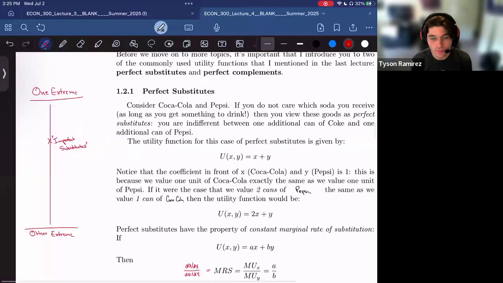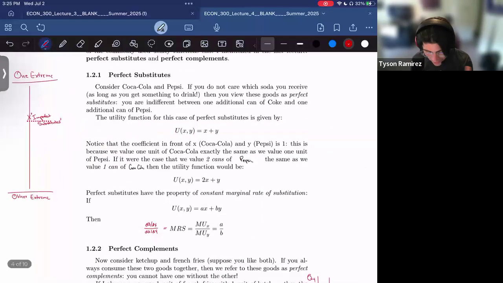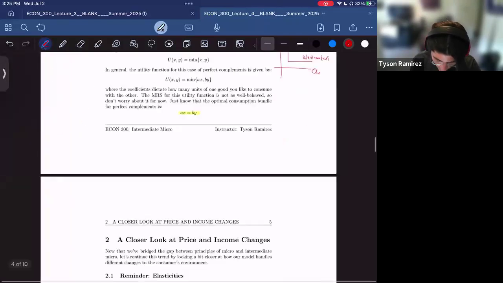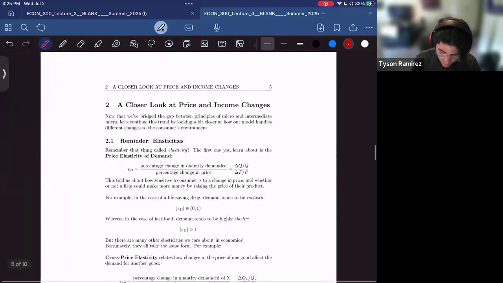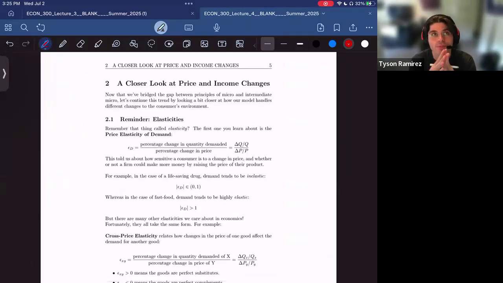But if they're perfect, then they're at the extremes. That is some things that we saw in Principles of Micro. That's how we get the downward sloping demand curves that we saw in Principles of Micro, and this gives a more formal mathematical basis for it.